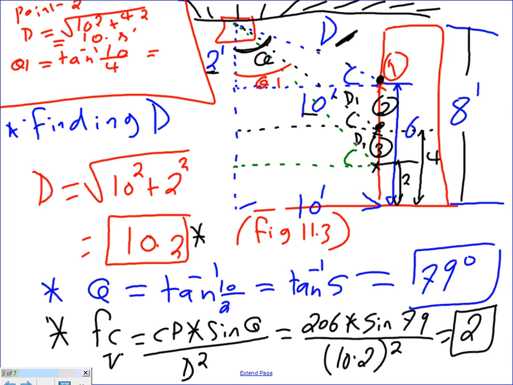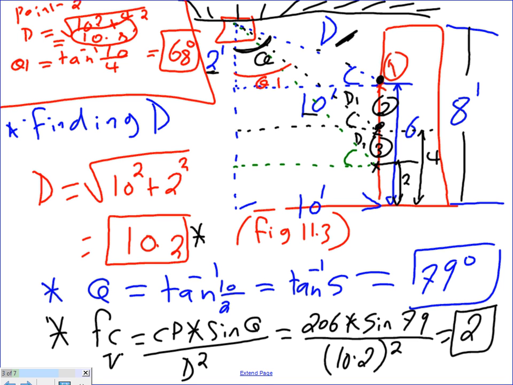What's tan inverse 2.5? 68 degrees. Now you have the distance and you have the angle.